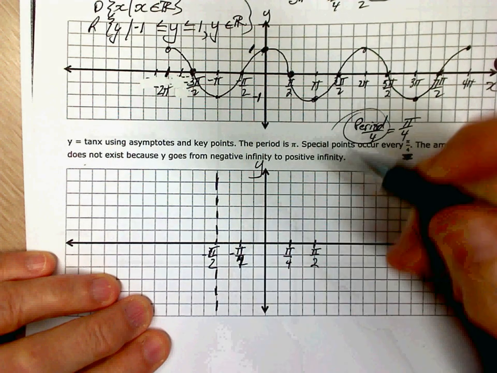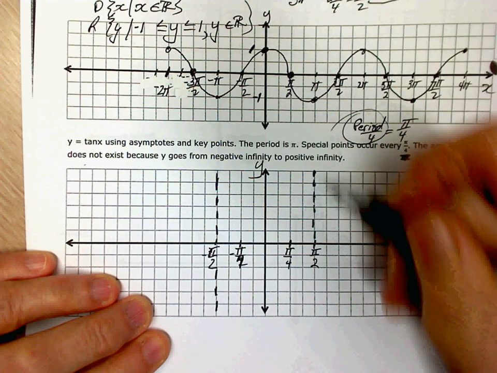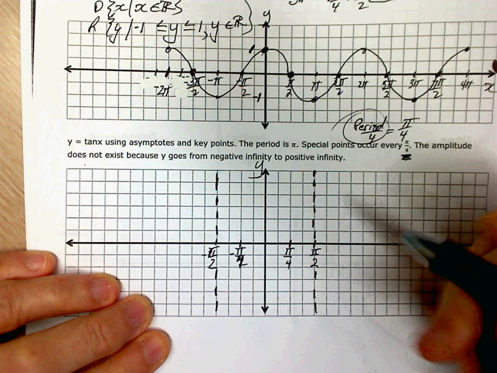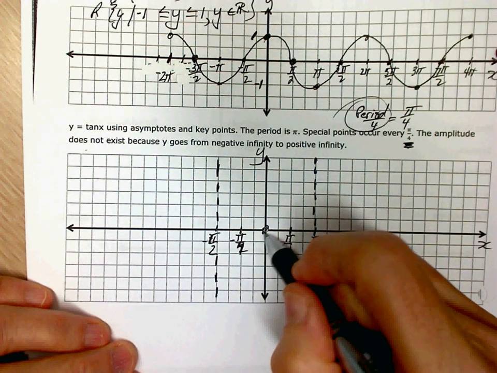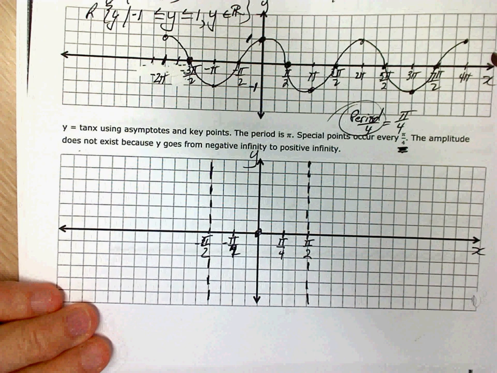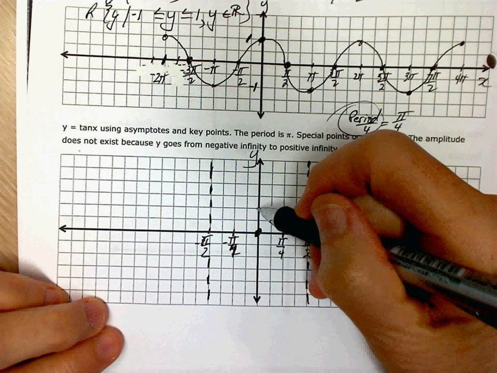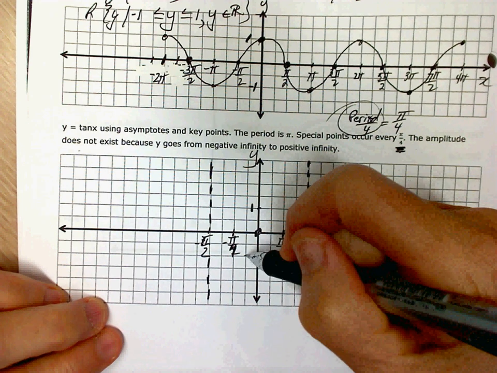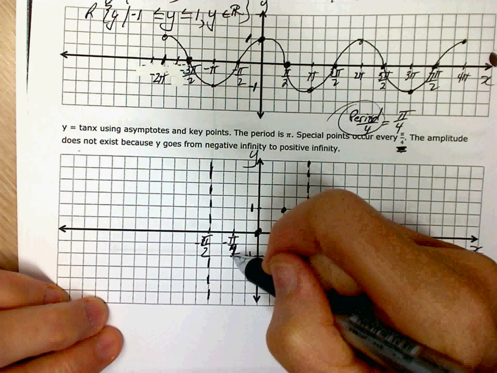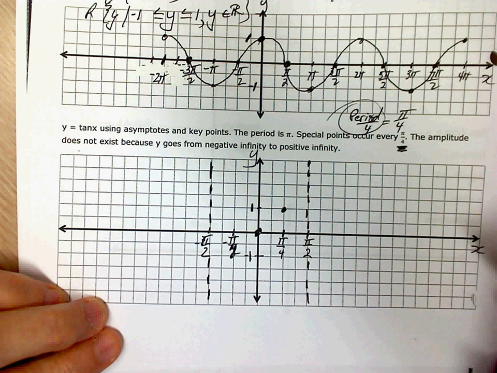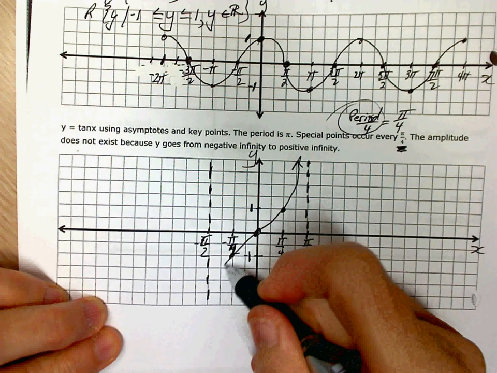We have one at positive pi by 2. So tan of 0 is 0. Tan of pi by 4 is 1. We'll put a 1 there and a minus 1 there. Right? And so there we go. There's our y equals tangent function, just like that.